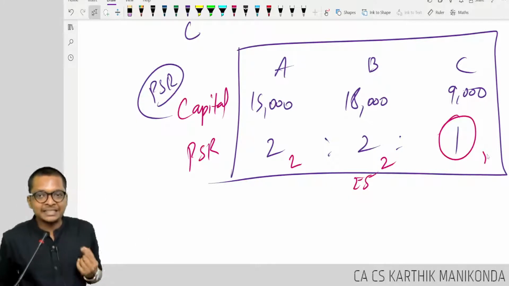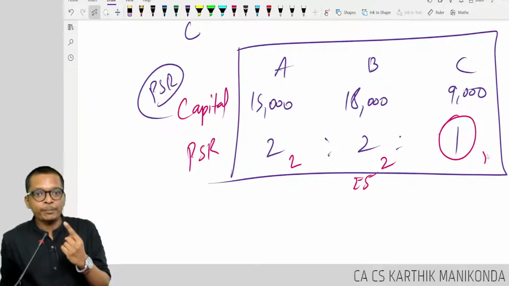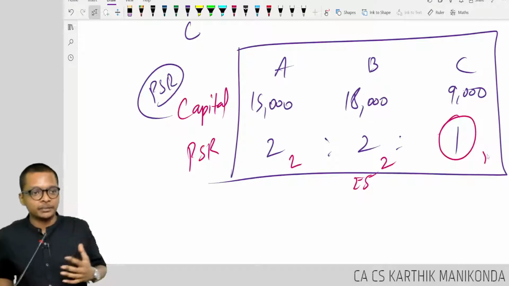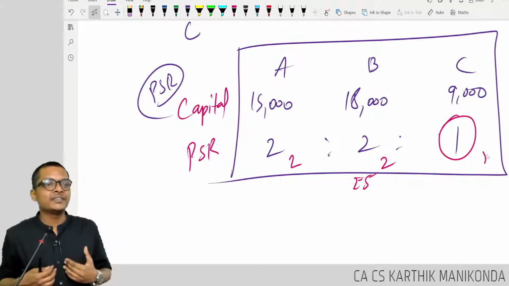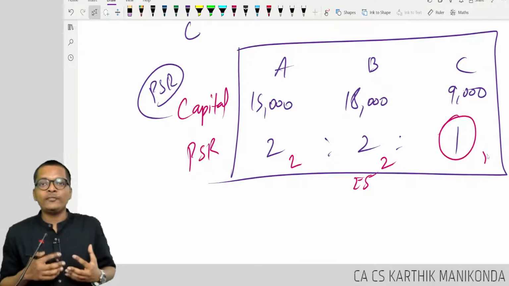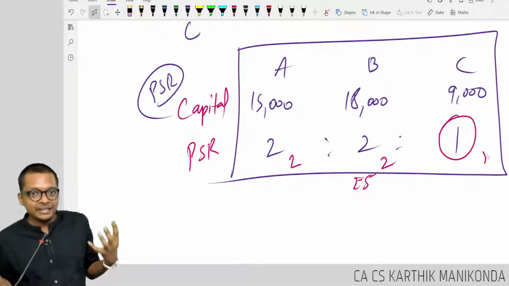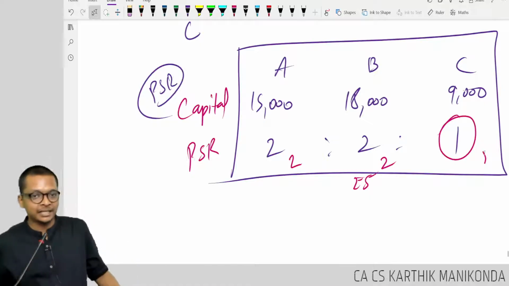No. C, for 1 rupee profit in the business, he gave a capital of 9,000, meaning all the sums we have done, we keep profit sharing ratio separately, we keep capital separately. We don't read them together. Correct?